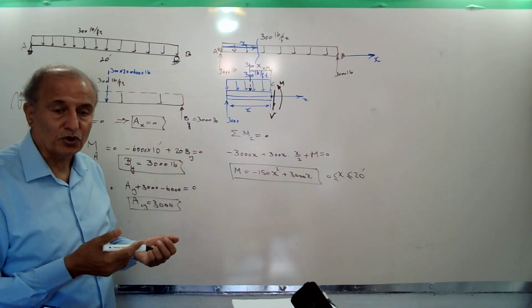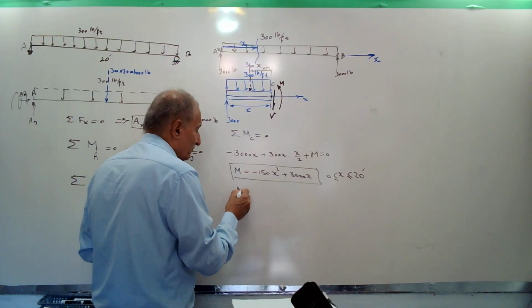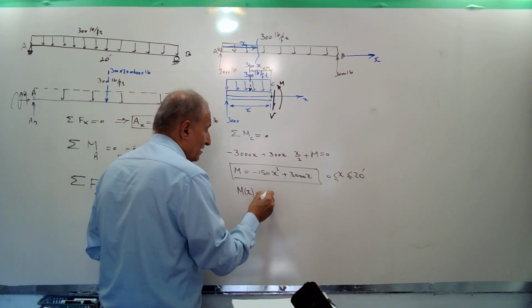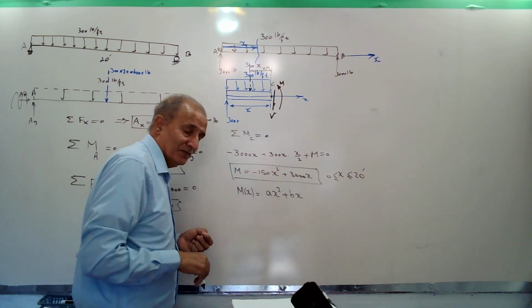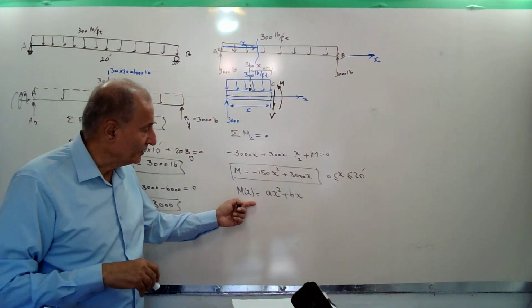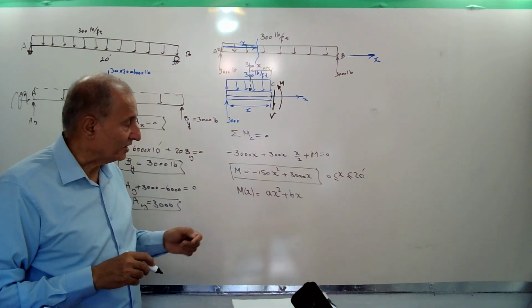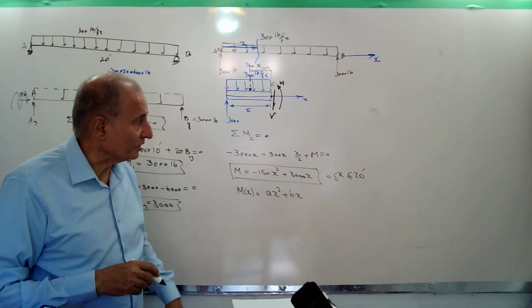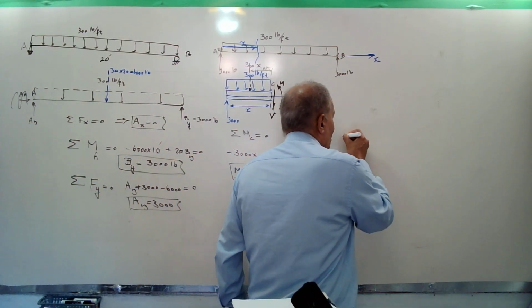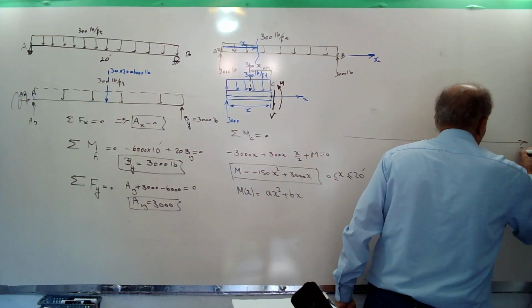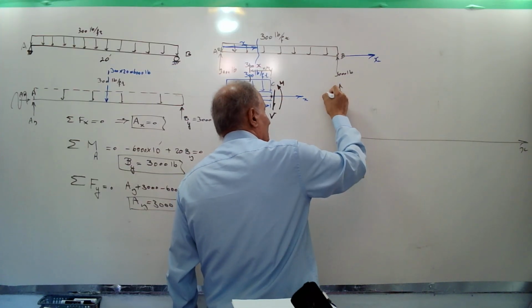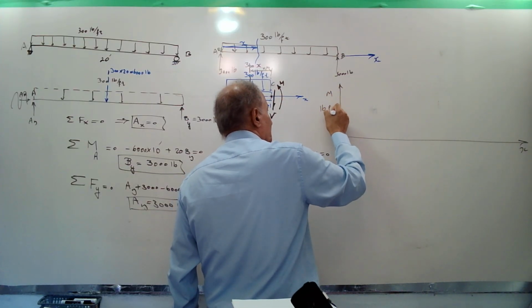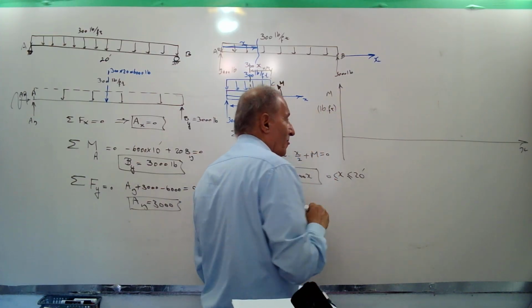Actually, we wanted to draw this curve. M as a function of x is equal to ax squared plus bx. You remember it from algebra. We wanted to draw this curve from 0 to 20. Let's draw the x-axis and the vertical axis M. Pound-foot is the unit.